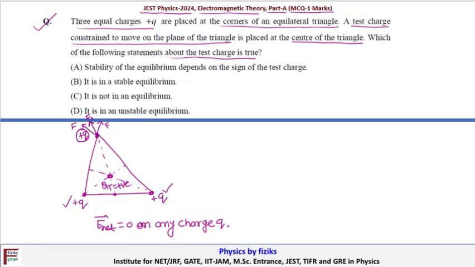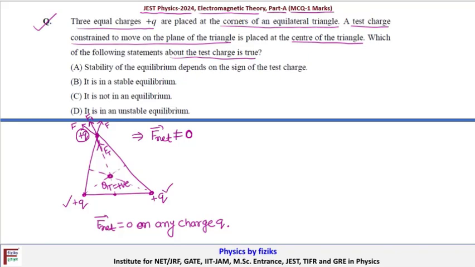And now if the test charge is positive, what will happen? This force will also be in this direction. So in this condition, net force will never be 0. F net will never be 0.